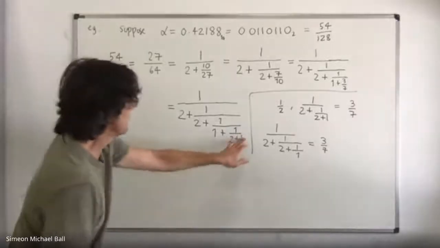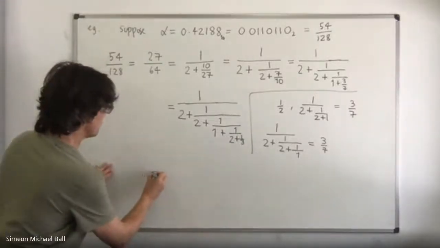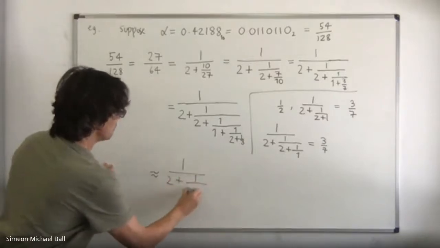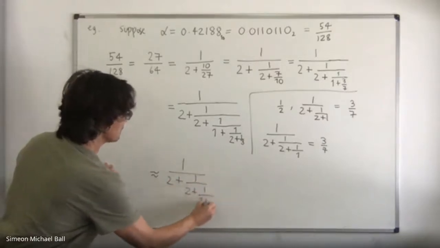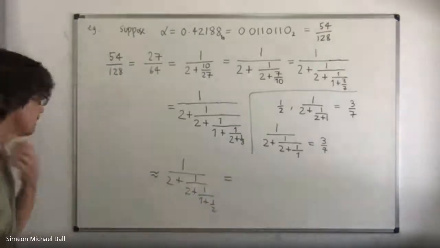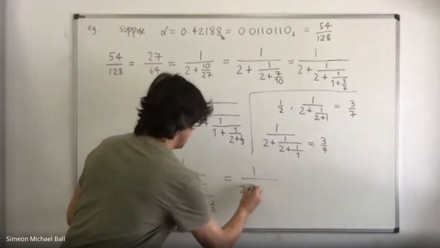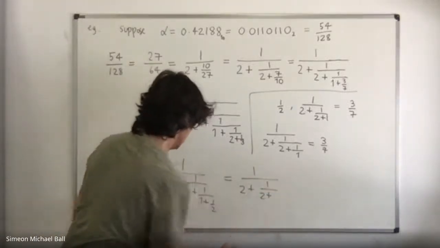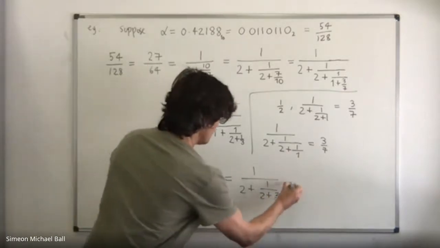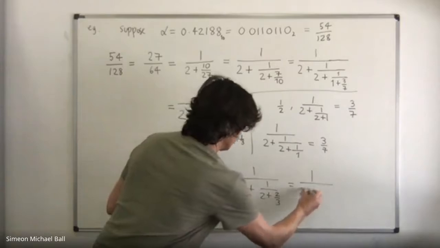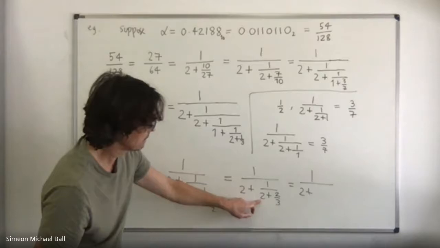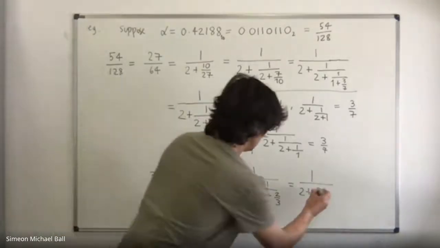I eliminate this, it's the 0 now, and so this approximates to 1 divided by 2, 1 plus 1 half, which is 1 divided by 2 plus, so here I have 2/3. Here I have 3/8.